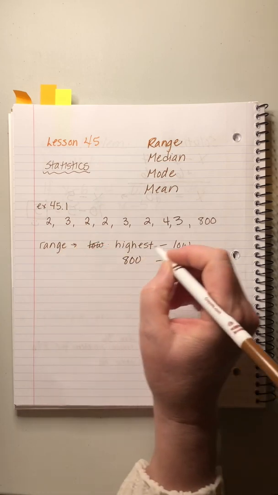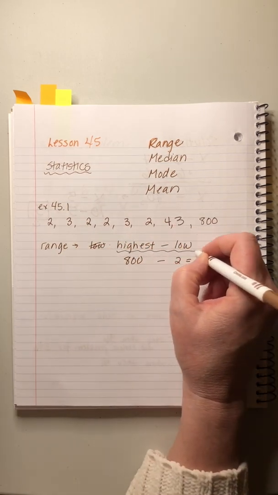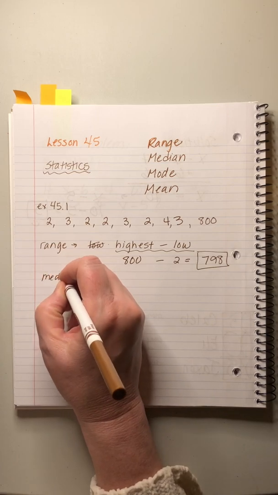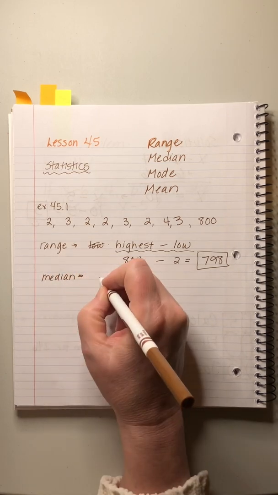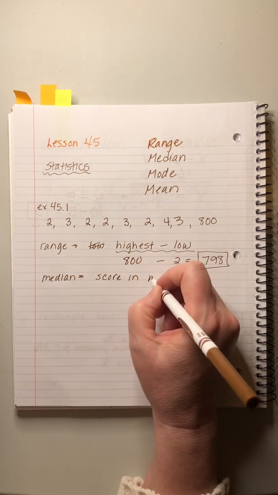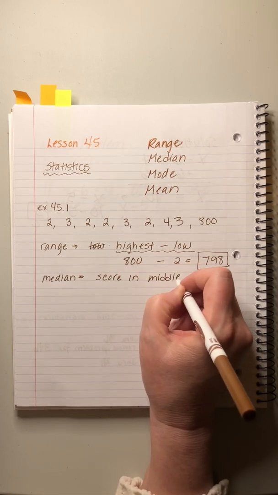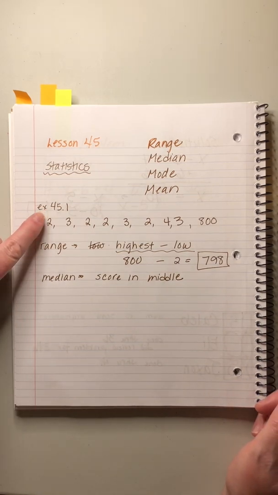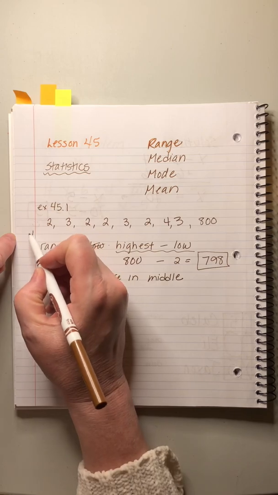The median, okay, so there's the formula for finding the range, the highest to the lowest. The median means the score in the middle. Now, to find this, it's helpful if we put the data in order. And honestly, we should have done that in the very beginning. I forgot to.